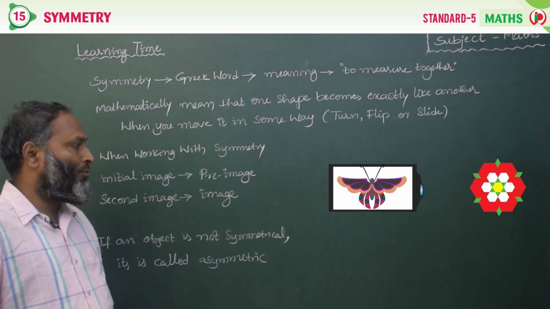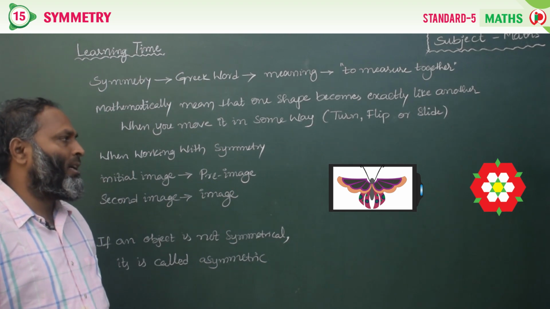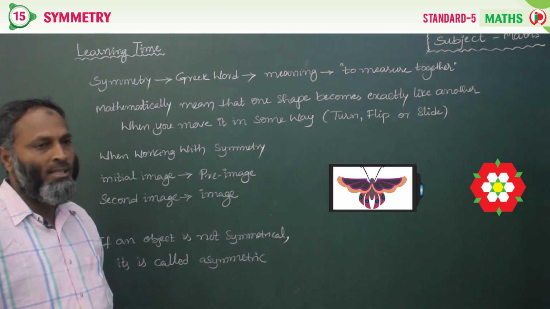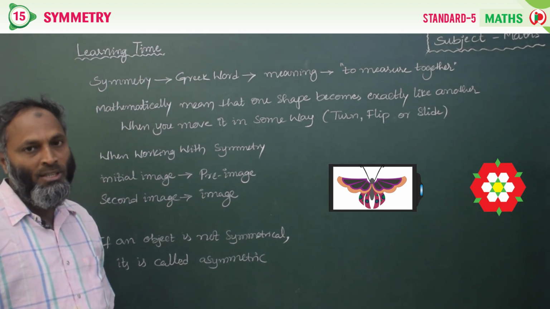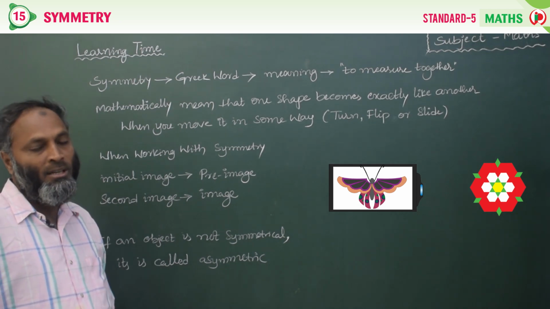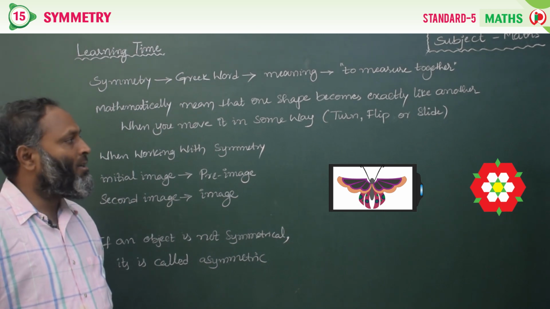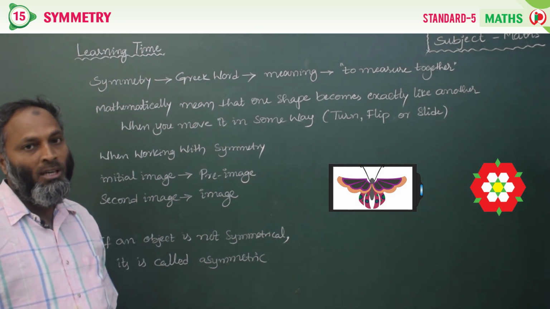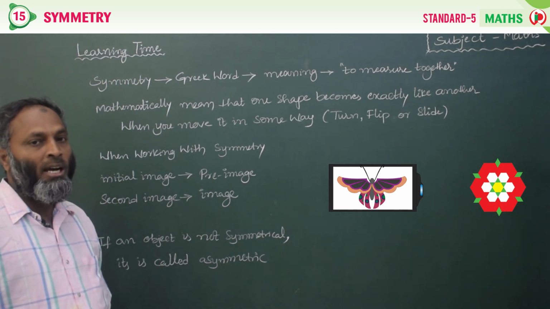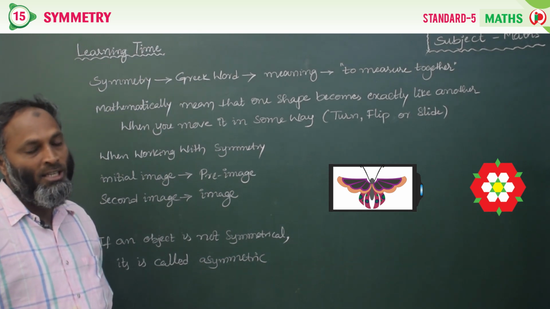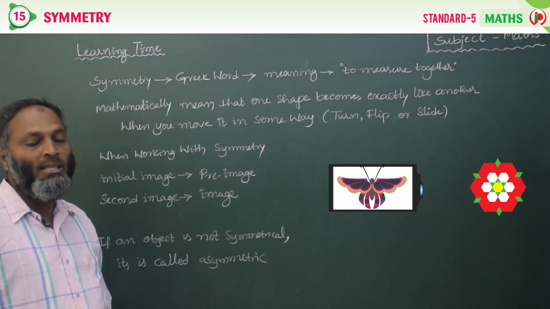When we move in some way, either turn or flip or slide, how the position of the object or figure changes comes under symmetry. Either it changes into another shape or it looks the same.